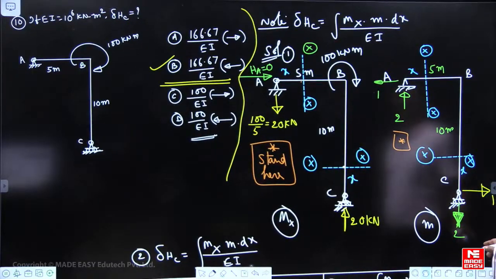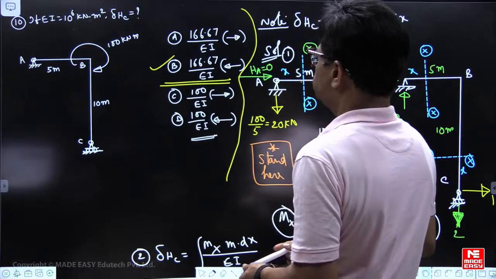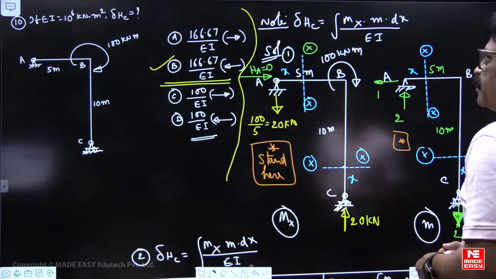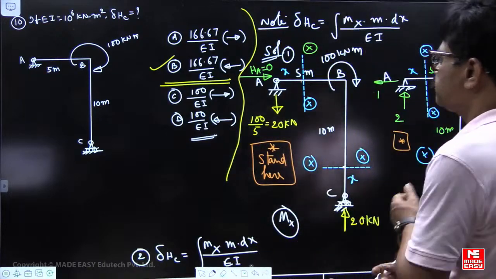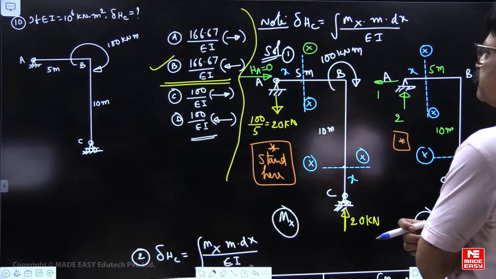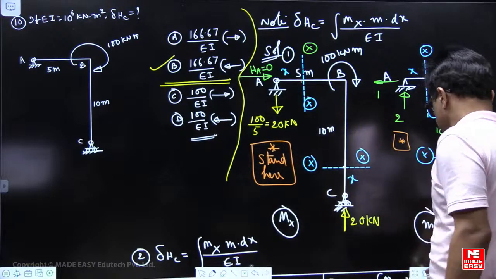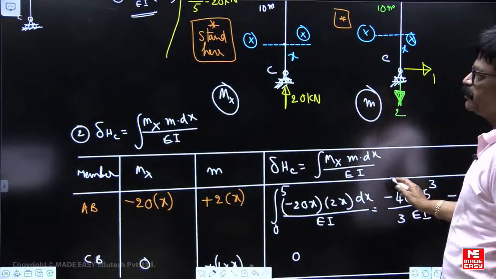EA is 10 to the power of 6. If you substitute that, you will get kilonewton meter, 10 to the power of 6. So 0.1 mm. We'll substitute that value also.